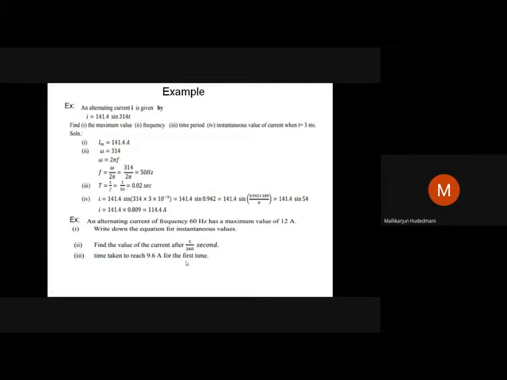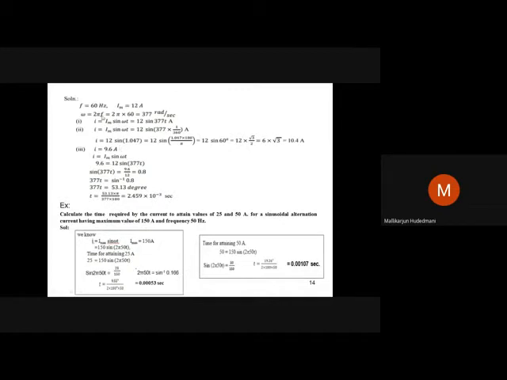Once I know the wave, I'll be able to get from this equation. So what is the standard equation of the current now? I equal to Im sin omega t, is 12 sin 377 t in this problem. This equation is reaching 9.6 ampere at a certain time. When is that? That is asked.